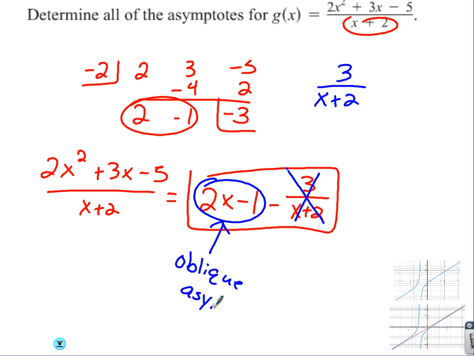To find an oblique asymptote, use synthetic division. You're going to have a remainder, more than likely. Once you have that remainder, dump it. I want you to know why you dump it: that remainder is going to be so insignificant as you approach infinity that you can get rid of it. So my oblique asymptote here is 2x minus 1.